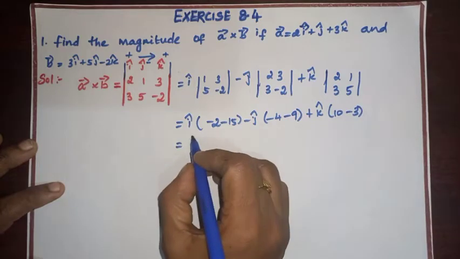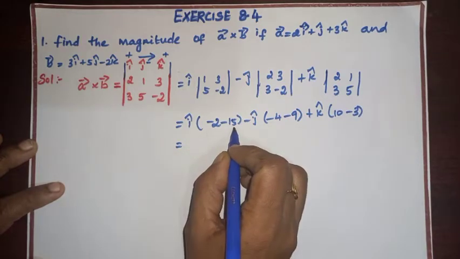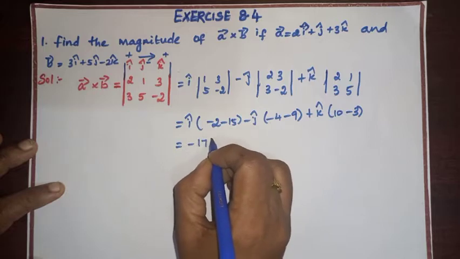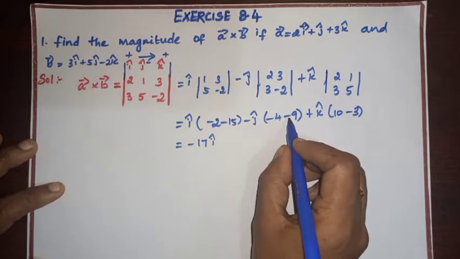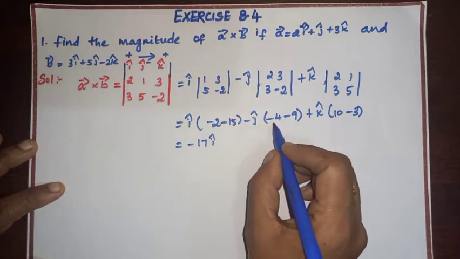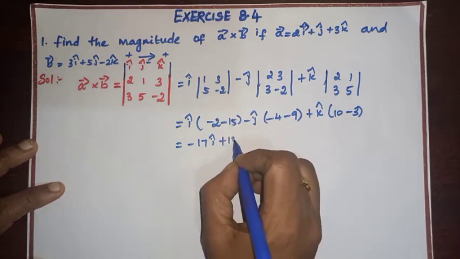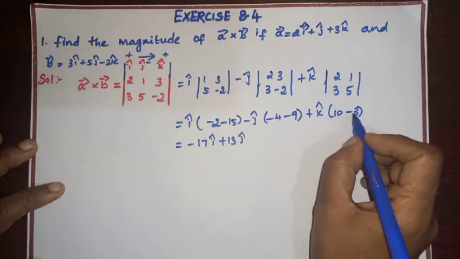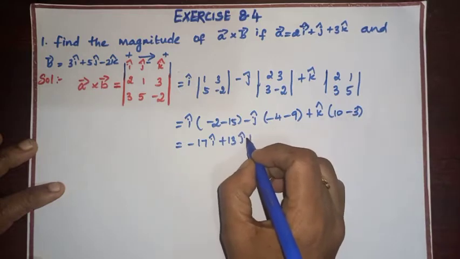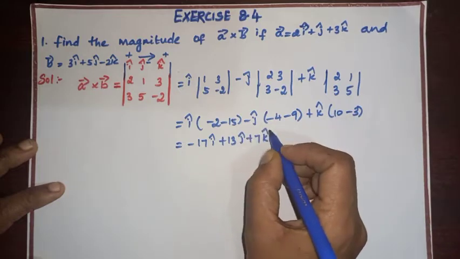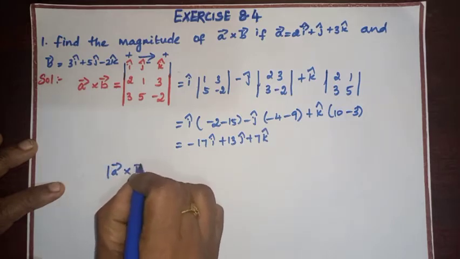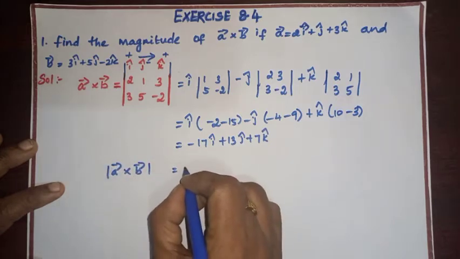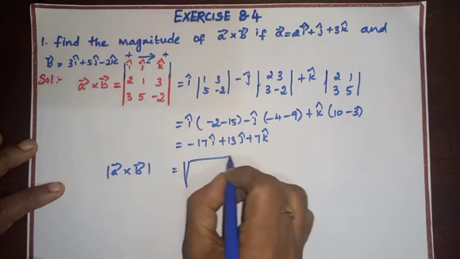Which is equal to minus 2 minus 15, which is minus 17i vector. Minus 4 minus 9 is minus 13, and minus and minus become plus 13j. 10 minus 3 is 7, so 7k.